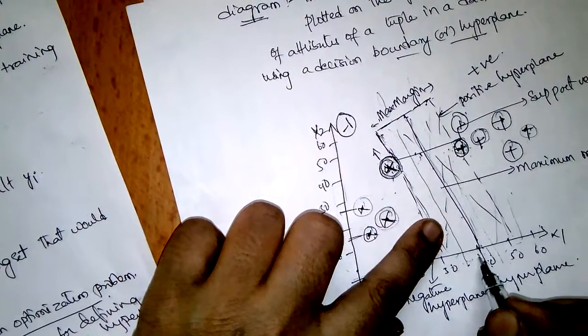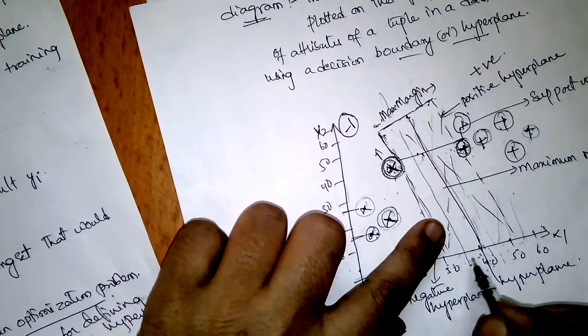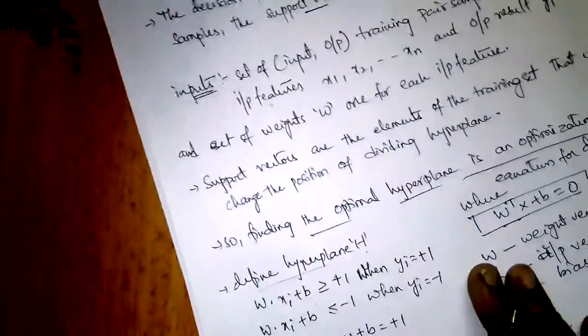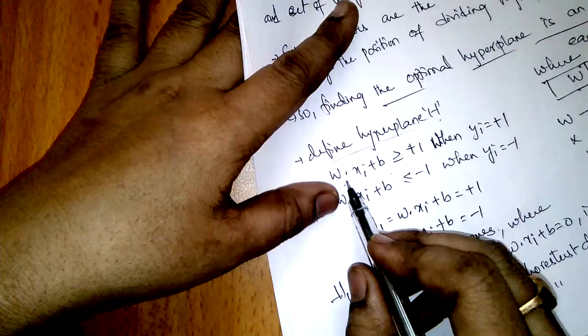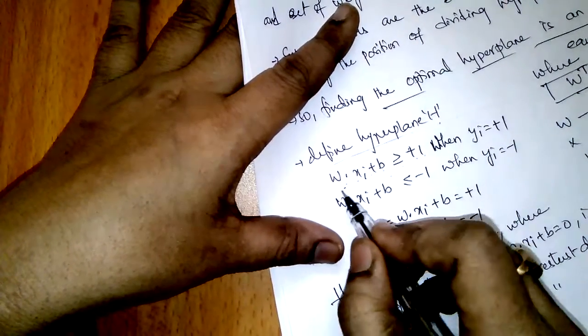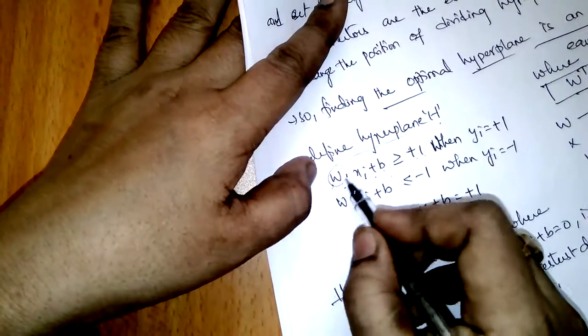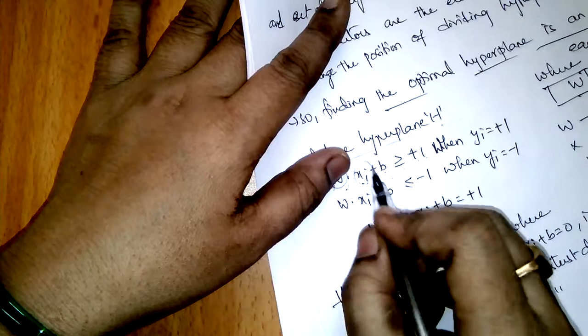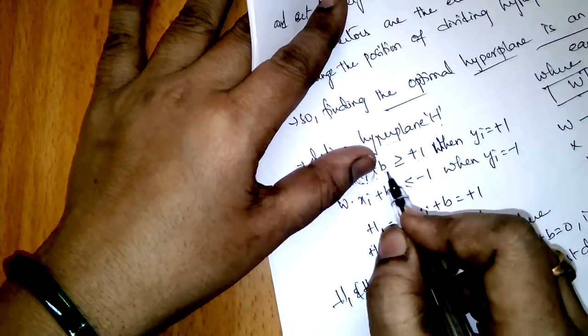We have to calculate this. So how to know it? By using the formula for hyperplane h: w dot xi plus b greater than or equal to 1. Here w is the weight, we will see what this weight is. The input values x1, x2 we give as a matrix.